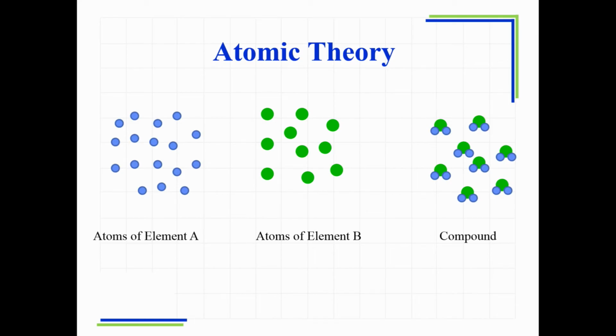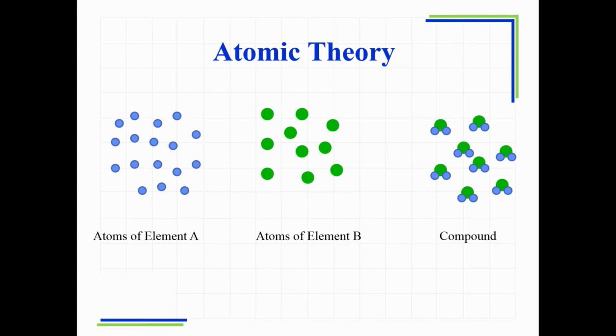And the third one is that compounds are simply a union of elements. So we see a compound with the green and the blue coming together to make a compound. Now this image here does not show a chemical reaction taking place in which atoms are separated and new compounds are formed, but this gives us a visual image of those.